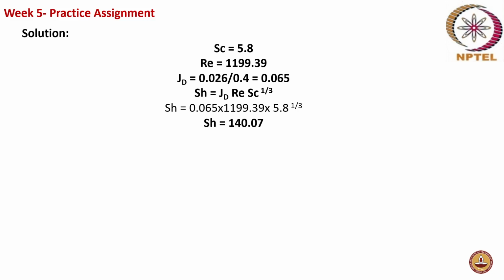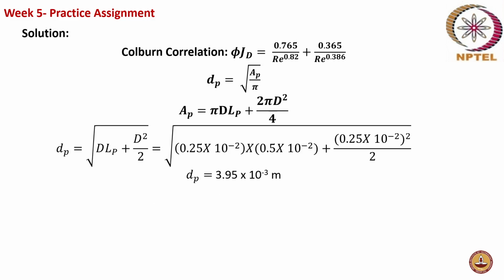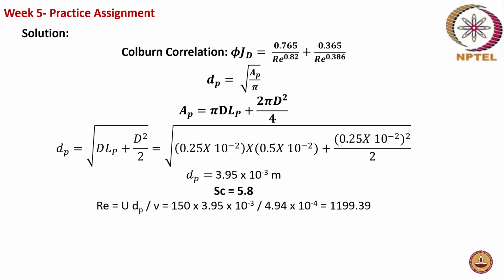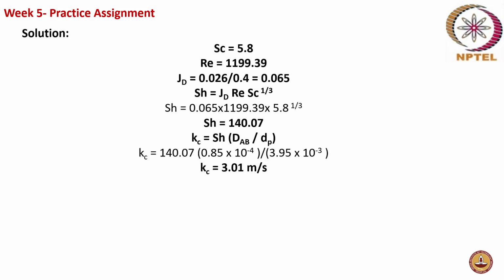Substituting this, you will end up with a Sherwood number of 140.07. With the Thoenes-Kramers correlation, we found the modified Sherwood number was nearly 70, whereas with this correlation we find the Sherwood number as 140.